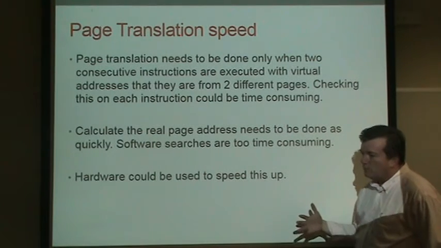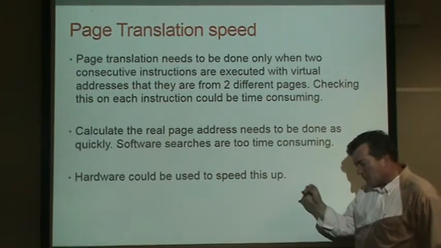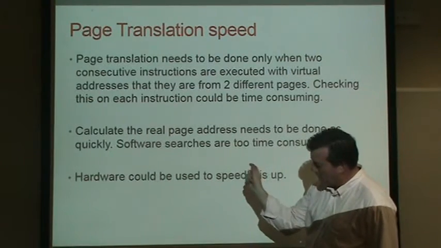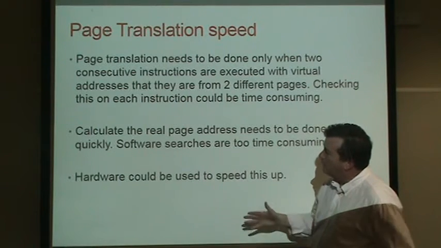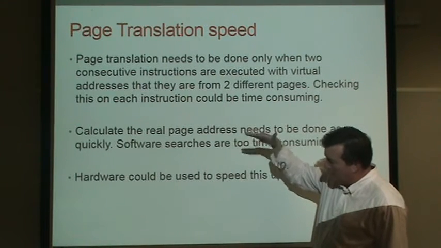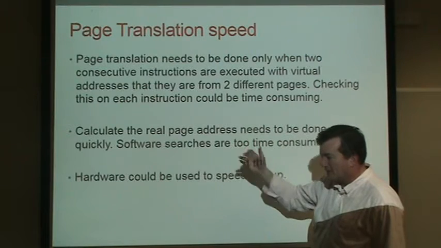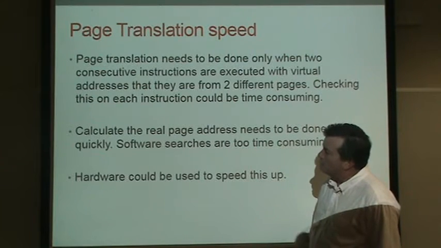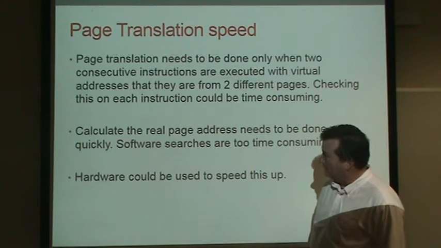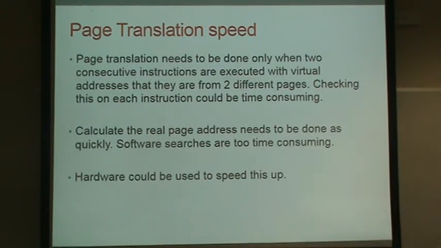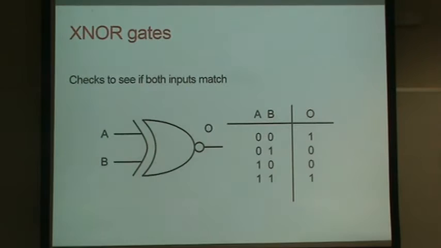There are a few ways we could do the translation: take the virtual address and figure out where that same address is in real memory. One is through software. In software, we could do a linear search, but that would take a lot of time. We could find the real page every time we run an instruction. That would eat up a lot of time. So it would be good to bring in some hardware that helps us.